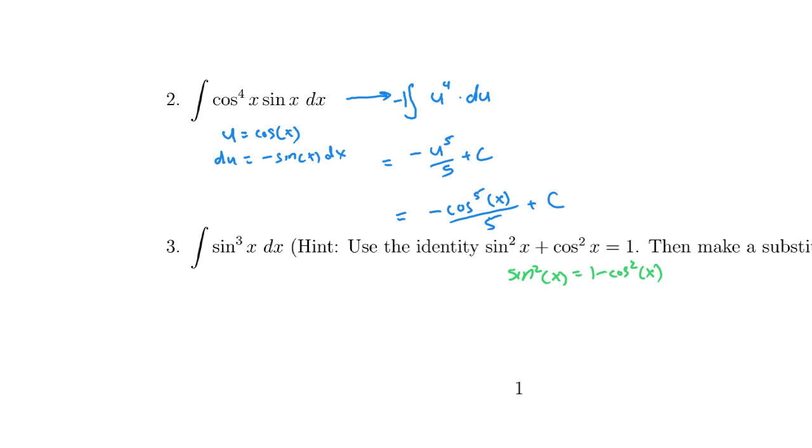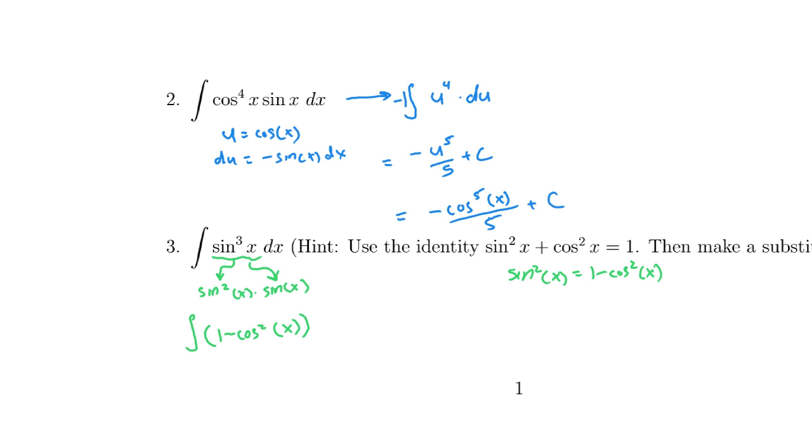And so this entire integral becomes the integral of, well, I'm going to siphon off 2 of my sines. So the sine cubed, I'm going to get a sine squared of x times sine of x. So I'm splitting it up into those 2 pieces. And then the sine squared, I'm going to rewrite as 1 minus cosine squared. So I'm doing some clever trig identity and algebra manipulation here.